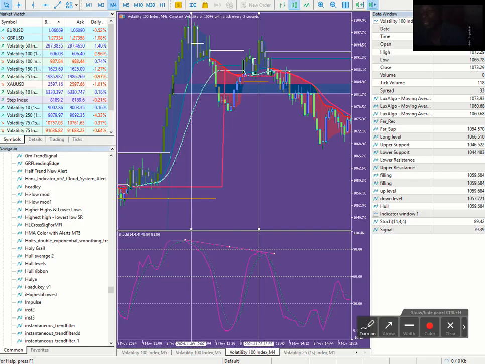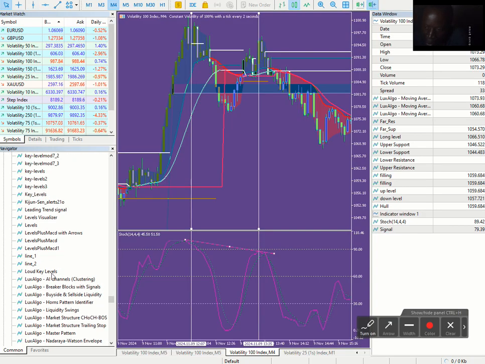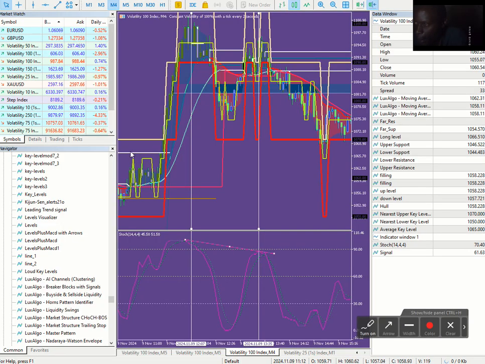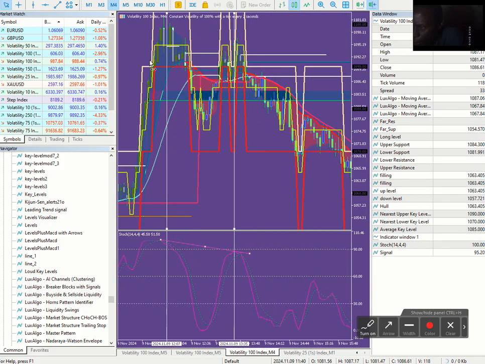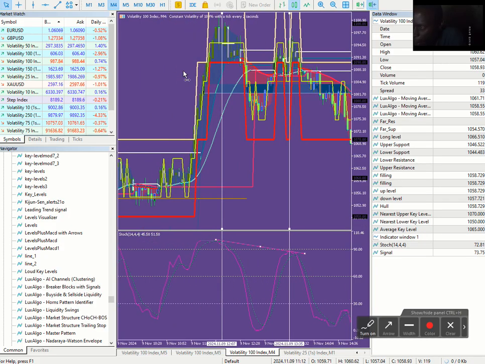That is why I came up with an indicator which is called loud key levels. Let's try the loud key levels and determine whether it will assist us. Now check on the loud key levels. Loud key levels also have their own advantages and disadvantages. Now we're considering these 2 points, this point and this point.